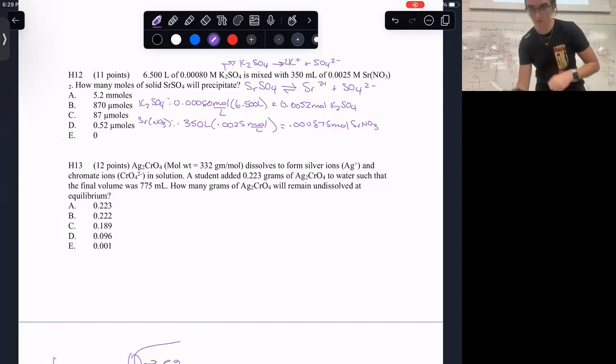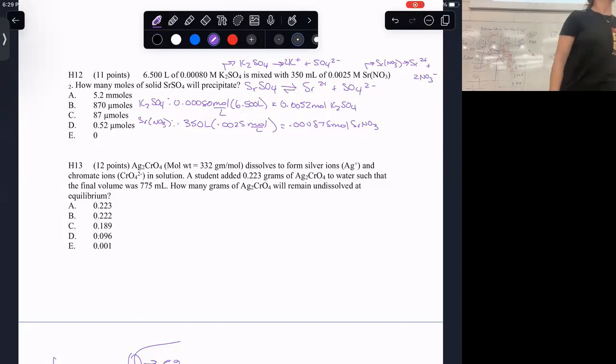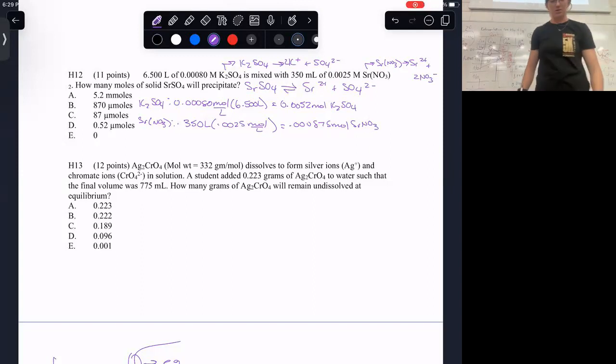Also 1 to 1. Yes, absolutely, if strontium had 2 ions, then you would multiply your number of moles by 2, because in solution it would produce twice that number of moles.